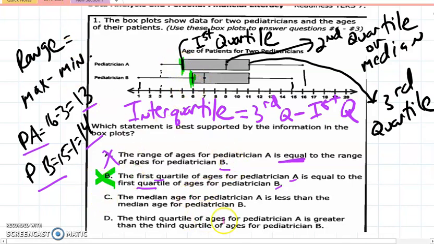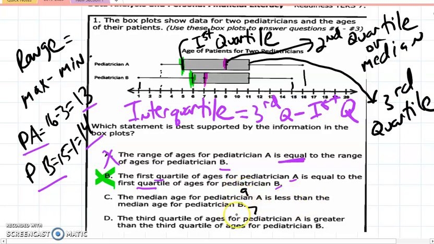Look at the next one then. The median age for penetration A is less than the median age for penetration B. Well, the median is this line here. Is this less than this? This one's 9, this one's 7. I think the median for A is 9 and for B it was 7.